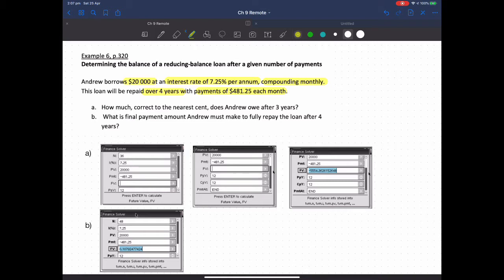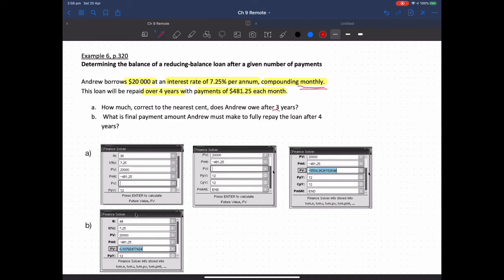Here is where we're going to use our finance solver. The first thing we're going to look at is the number of repayments Andrew needs to make. That is N. He's making monthly repayments. There are 12 months in a year.